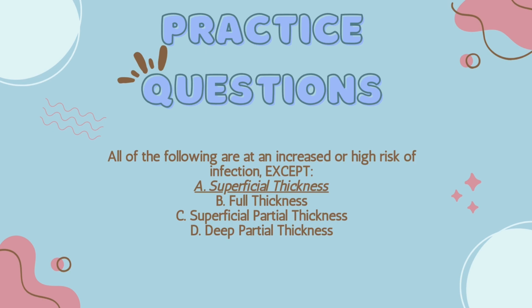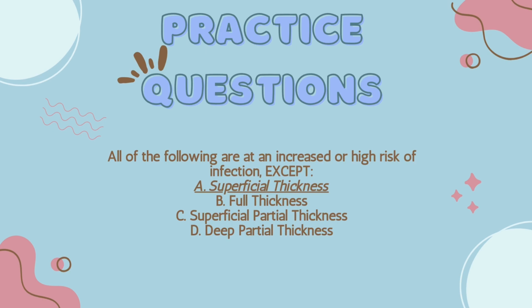Okay, the correct answer is A. Let's go over this. All of the following are at an increase or high risk of infection except, A, superficial thickness. Superficial thickness doesn't break the skin. That is why you're not at as high a risk for infection.